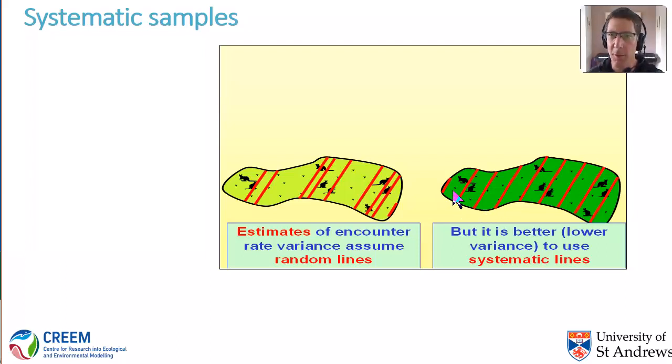And if you use a systematic design like this one, then if animal density varies, for example, let's say there were more animals over in this corner, then each time you laid down the lines, you'd get some lines on that side and some lines on this side. So some lines would have high density, some lines would have low density, but you'd always get roughly the same count because you'd always get lines spread over this whole area.